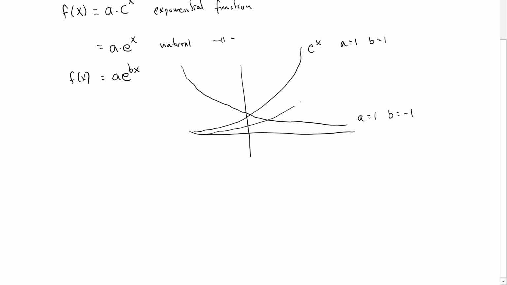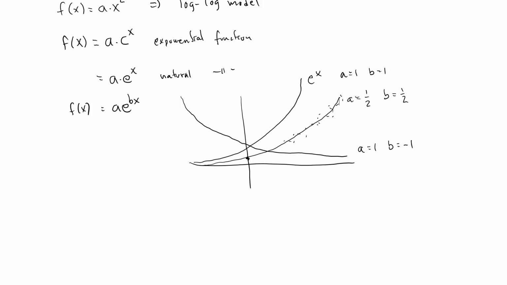And you can also stretch it. For example, this one would have a equal to maybe 1/2, and b maybe 1/2, at least less than 1. It can capture our data if it looks something like that. So the exponential function with this extra parameter will lead to the log-linear model.